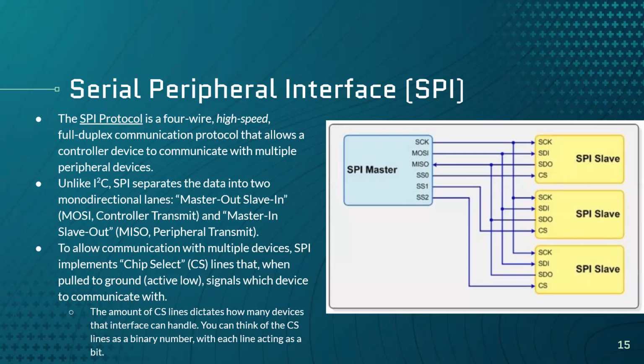Yeah, and so in this case, they actually call it a serial data in and serial data out. So in this case, this is the secondary device. So the serial data out is going out of the device towards the controller. And then serial data in, it's receiving information. So it's going from the controller down to the device.